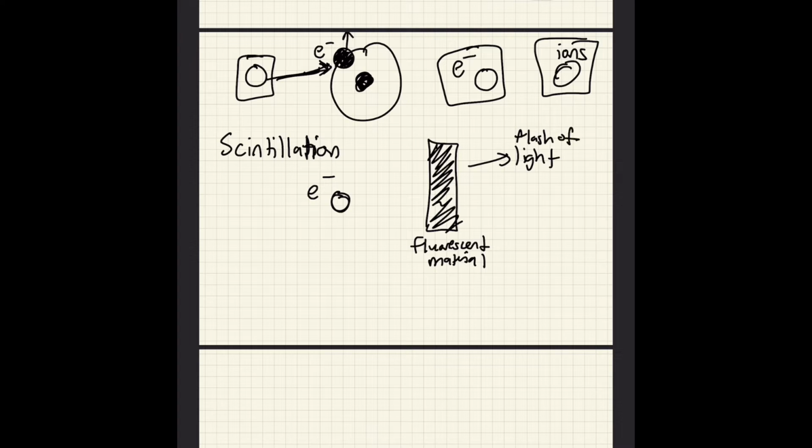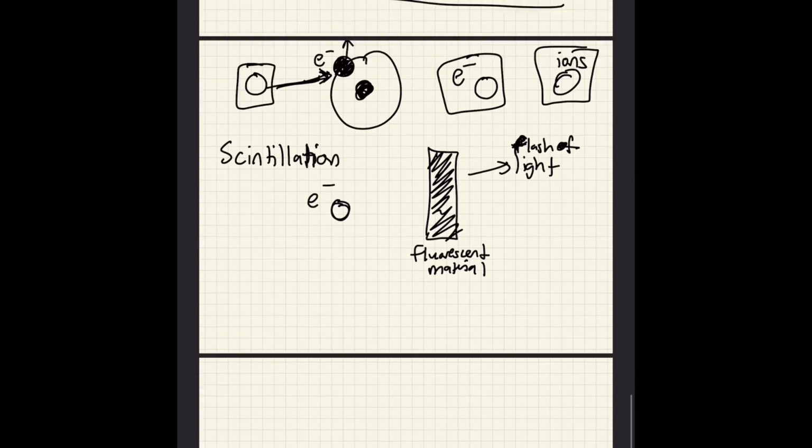And so if we fire these high energy charged particles at this fluorescent material, it will ionize the air, causing the release of more charge, and then you get flashes of light. And that's how we can detect the charged particle. Okay, so that's one way.